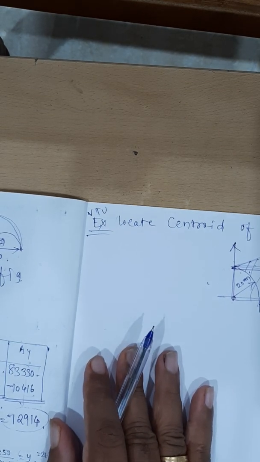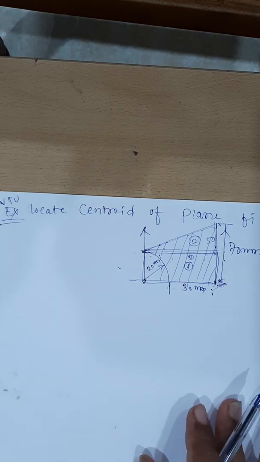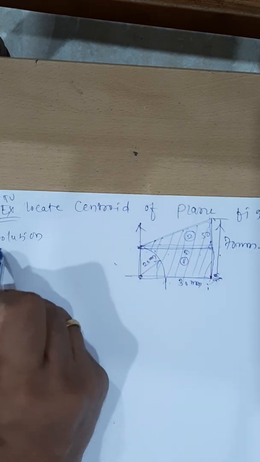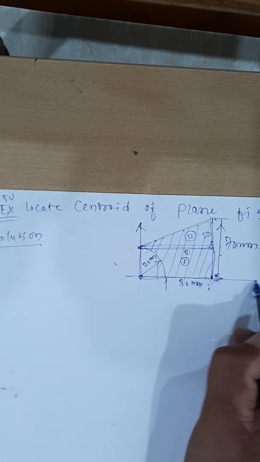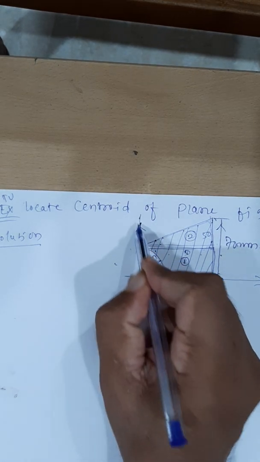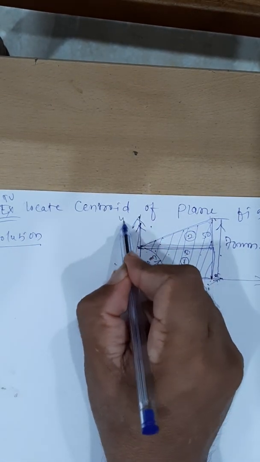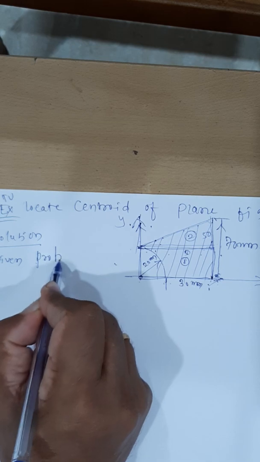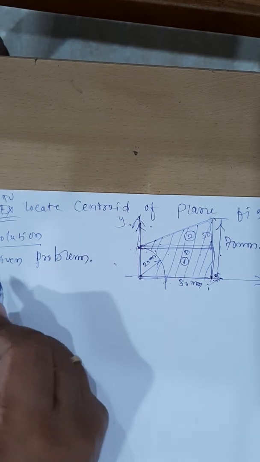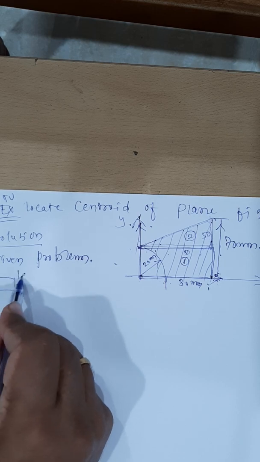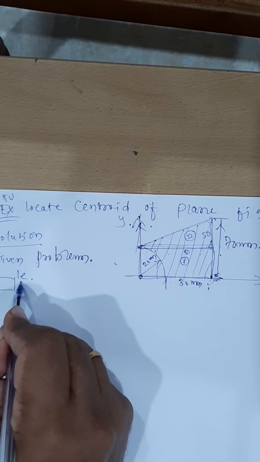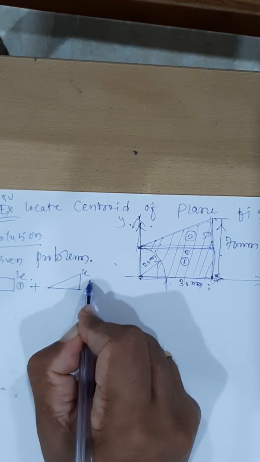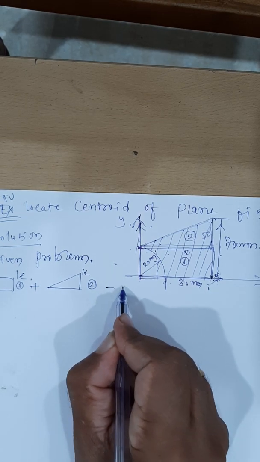First you define the problem. You are selecting the x line like this so that the whole figure comes in the first quadrant, and the y line like this. So the given problem is equal to a rectangle 1 plus a triangle 2 minus a semicircle 3, which you are removing.